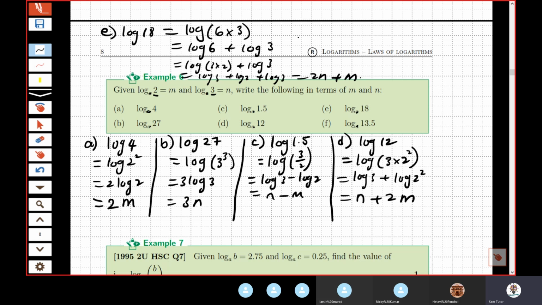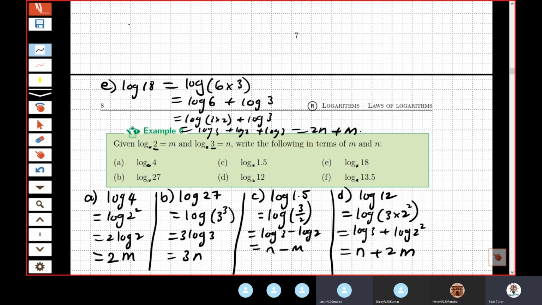Now I'll show you what I would have done. If I had log 18, I know 18 is 9 times 2, because 3 squared times 2. So then I would have written log 9 plus log 2. 9 is 3 squared. Bring the 2 down.